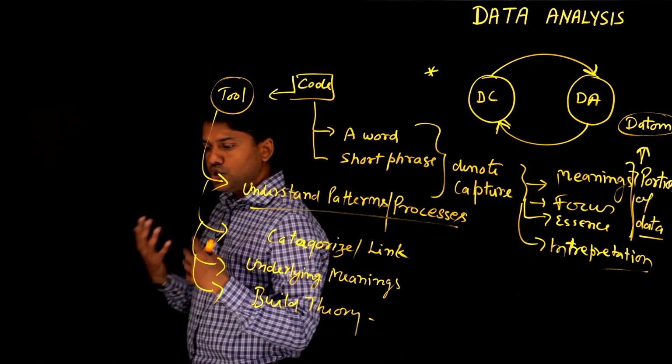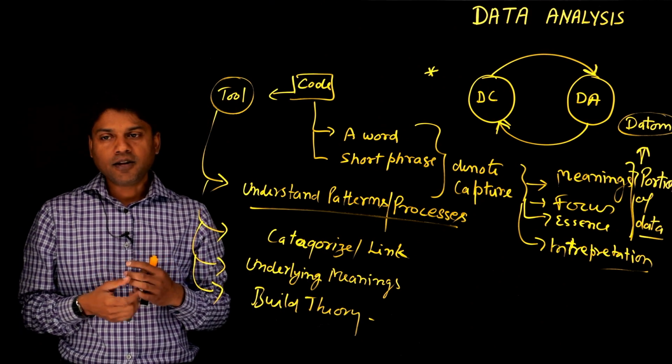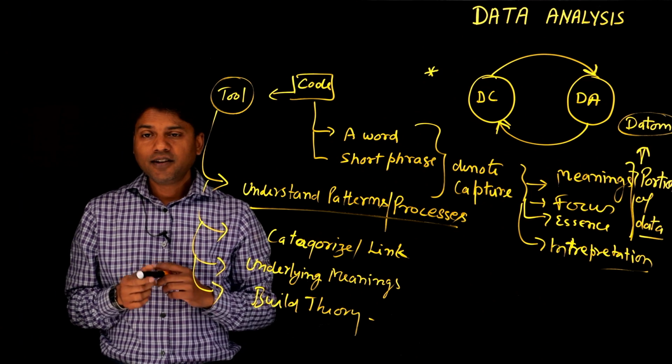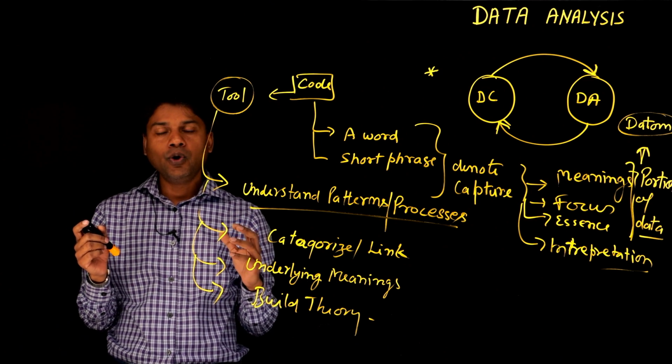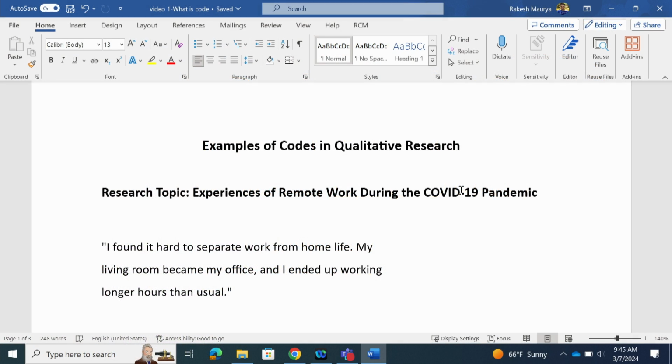Now I want to show you a live demonstration of how it looks. So let me use my computer to show you how coding as a process looks like. This is my computer screen, and as I said previously, I wanted to demonstrate how coding looks.